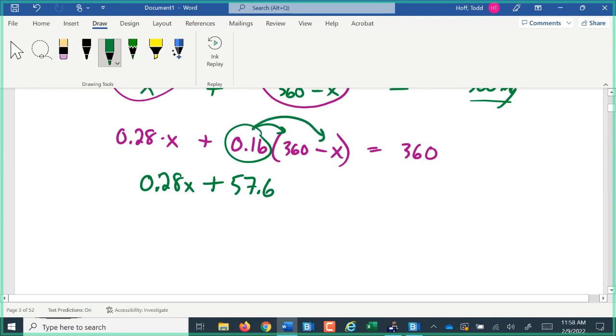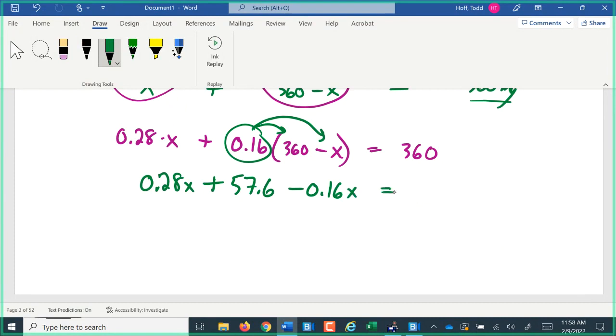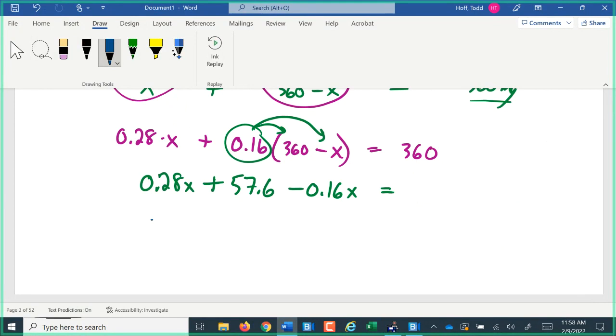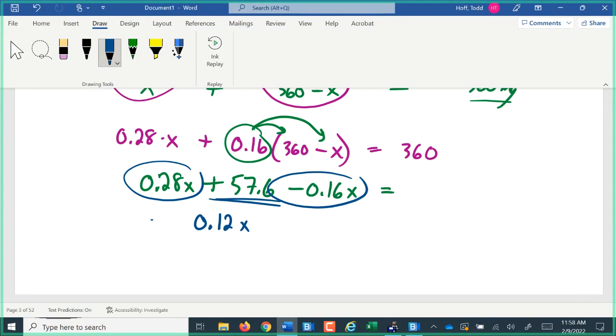And 0.16 times a negative x is a negative 0.16x. Now there's still more we can combine on this left side, so let's keep doing that. We've got the 0.28x and a negative 0.16x gives me a 0.12x. We still have the 57.6, so positive 57.6. And there we have combined everything we can on the left side. On the right side, well, just the 360, there's nothing to combine there. Nothing changes.